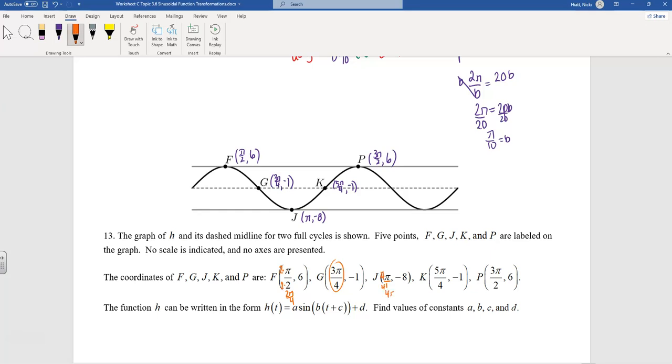So I've got 4 pi over 4, 5 pi over 4, and then I'd have to multiply by 2 here, 6 pi over 4. So I've got 2 pi over 4, 3 pi over 4, 4 pi over 4, 5 pi over 4, 6 pi over 4. What are my x values increasing by? Pi over 4, right? We're going up by pi over 4 each time.